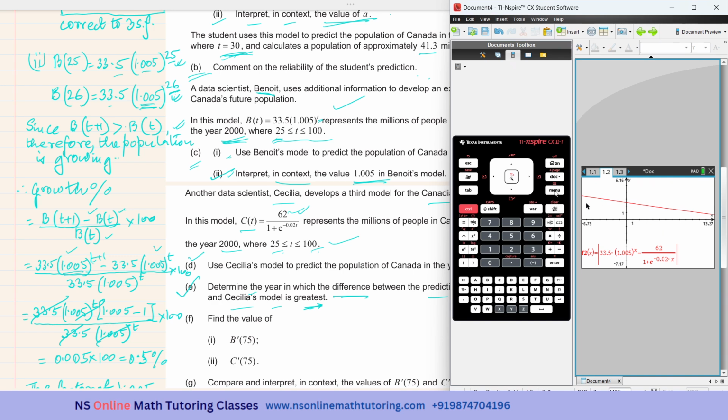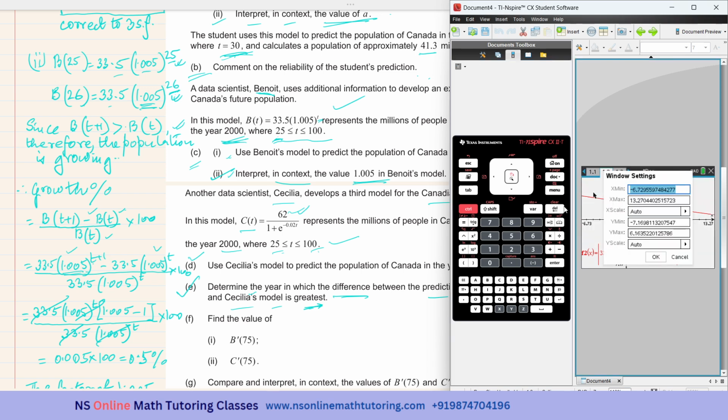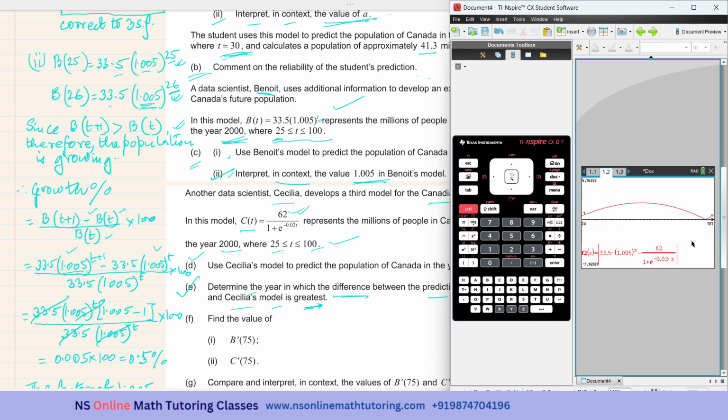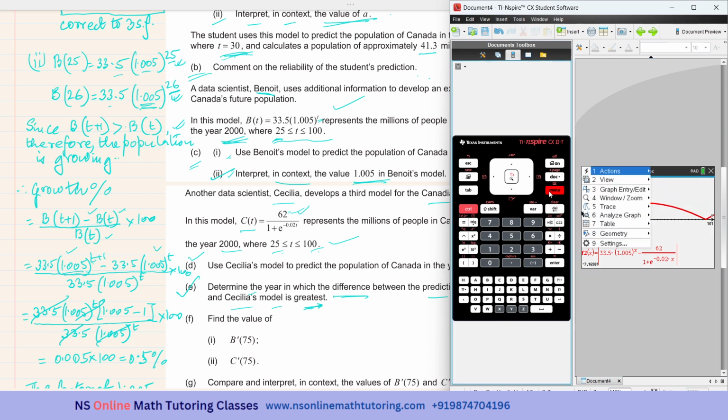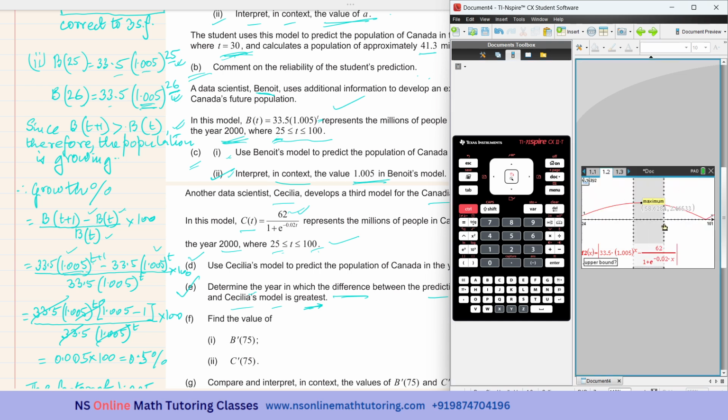So let me just go to the Windows settings. Let me take 24 as the x min and x max as 101. Okay, let's see. So this is the maximum value. So I have to use the analyze graph and maximum.